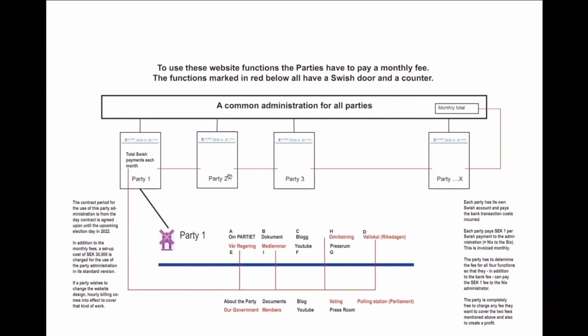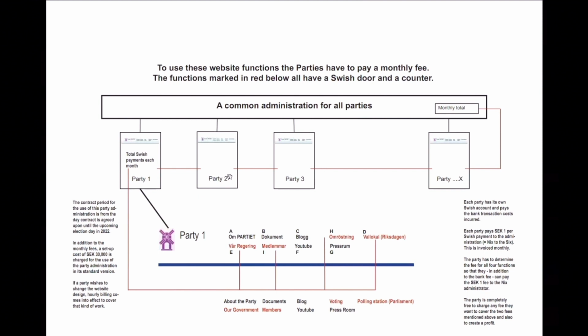The bank will charge 3 crowns for each swish trading account transaction, and for each transaction, a fee of 1 crown is to be paid to the NIX36 administration, and at least 1 crown is to be paid to the party. Thus, the minimum practical fee is 5 crowns. But of course, the party is completely free to charge any fee they want.